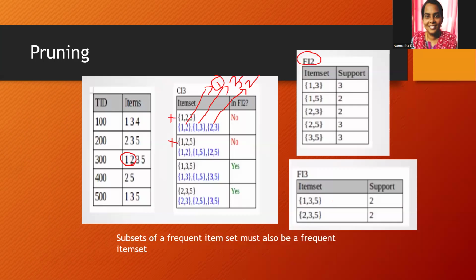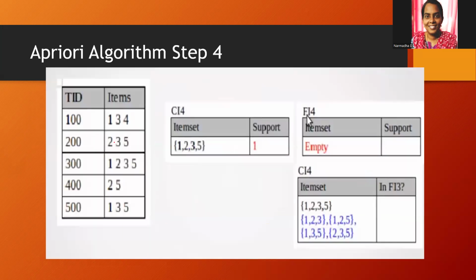From this, we are going to combine these two and generate the candidate 4 item set. Combining 1, 3, 5 and 2, 3, 5, we get 1, 2, 3, 5.